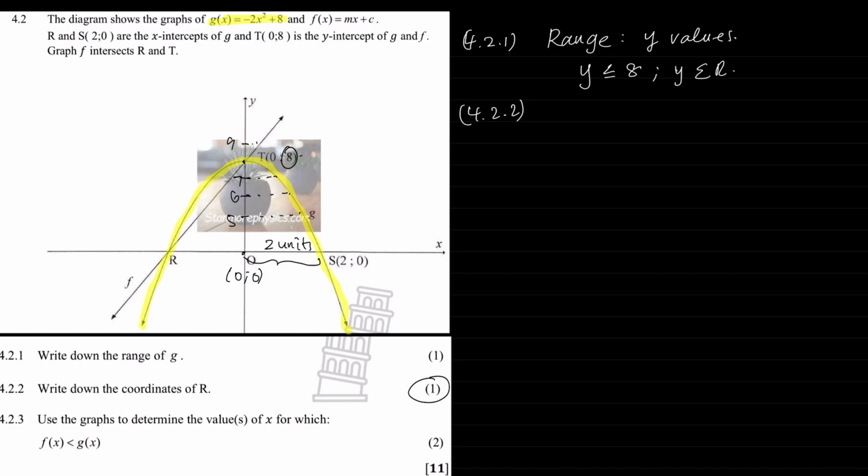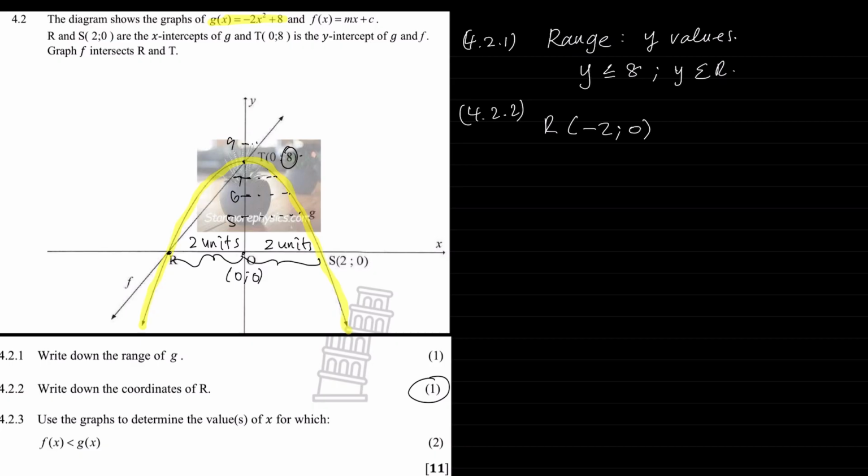Since r is on the other side, the distance from here to here will also be 2 units. But since it's on the negative x side, the coordinate must correspond with that. So r will then be negative 2 and 0. Okay, so just for 1 mark, no need for any calculation.